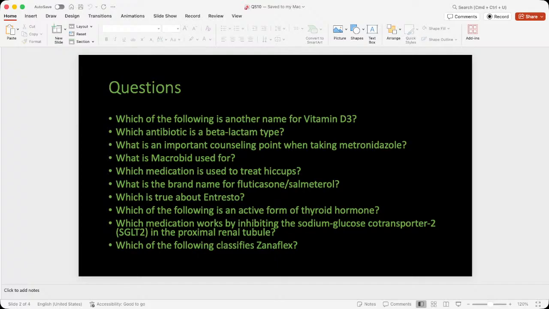There's a plant-based vitamin D, and then there's a naturally produced vitamin D. So knowing the difference between D3 and D2 is important too. You can see here that we're talking about vitamin D3.